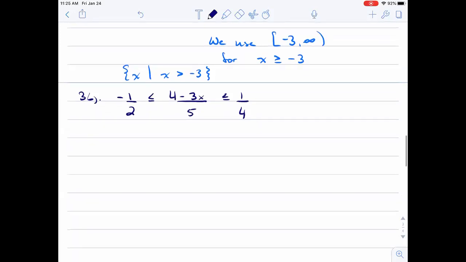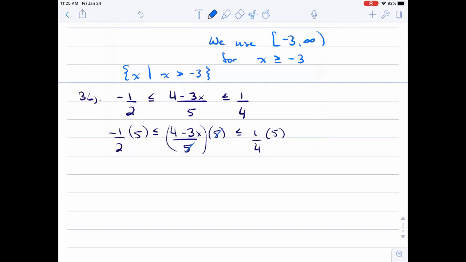And so I get negative 1/2 times 5 is less than or equal to 4 minus 3x over 5, and then all times 5 is less than or equal to 1 over 4 times 5. You can use a dot for the multiple or brackets, it doesn't matter. Maybe I'll show the multiplying by 5 over here.